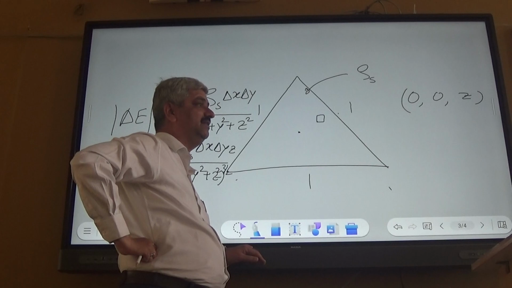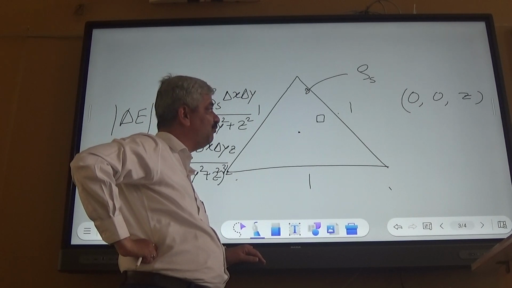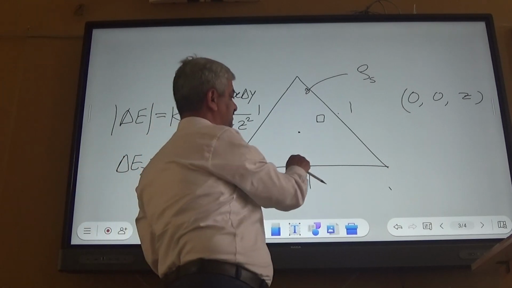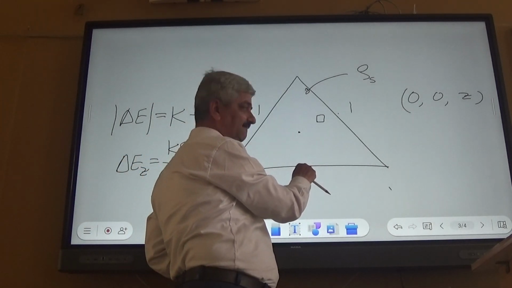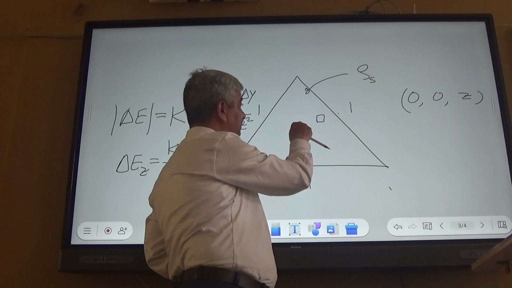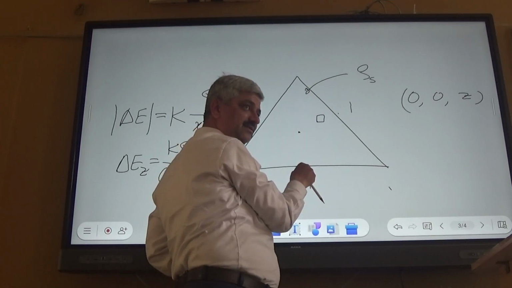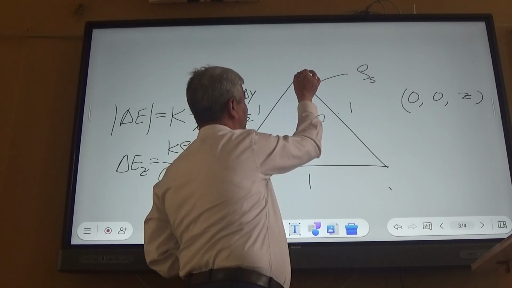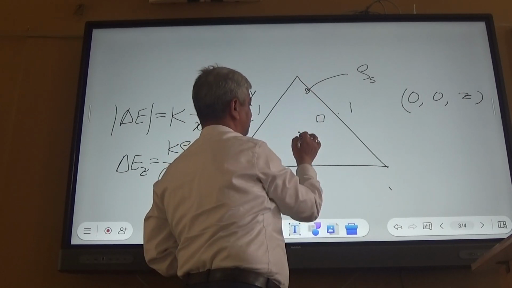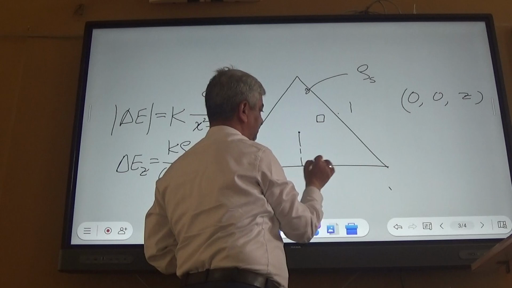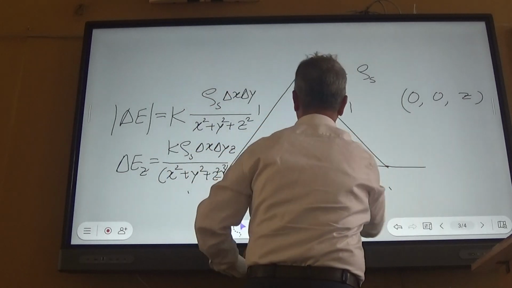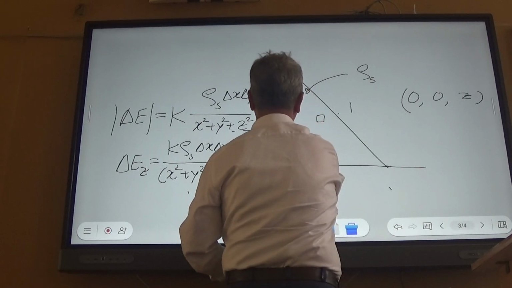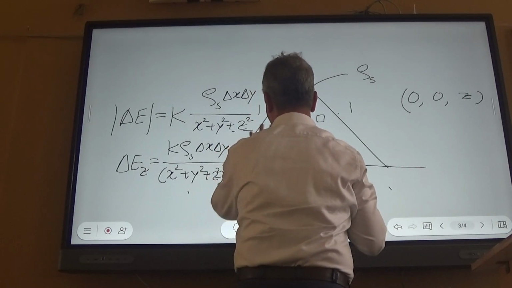So what are the limits of x? What are the limits of y? This is the origin, and it is the center of the triangle.